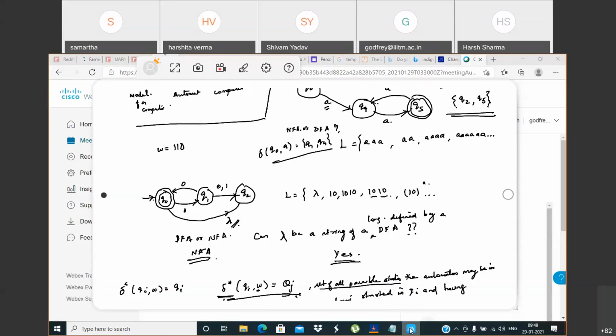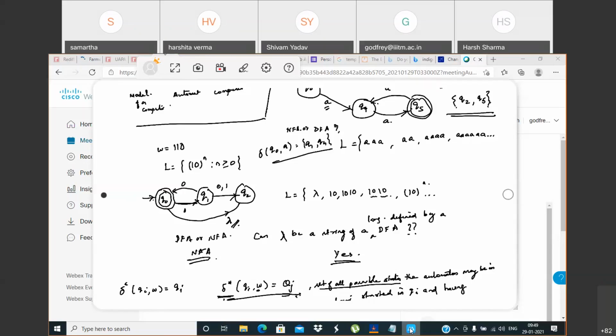So we know that the language accepted by this automaton is going to be 10 to the power n, where n is greater than or equal to 0. So this is the language that defines this automaton, right? So if we give 110, what is going to happen? We are having a transition from Q0 to Q1 on input 1, from Q1 to Q2 on input 1.